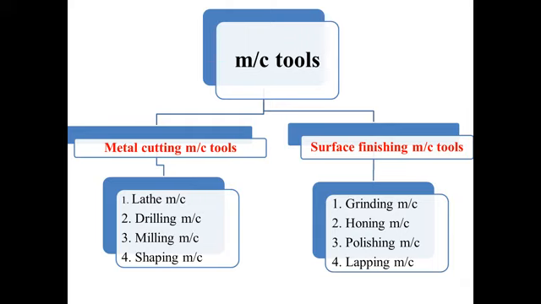Milling machine and shaping machine are not in the syllabus, but for general knowledge they are placed here. Metal cutting machines are milling and shaping, whereas surface finishing machine tools are grinding. The other surface finishing machine tools are not in the syllabus; it is just to know different surface finishing operations such as honing, polishing and lapping.